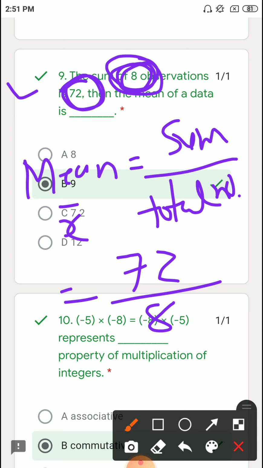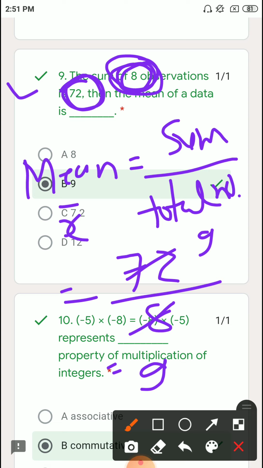And the sum of 8 observations, so the total number of observations is 8. So 72 divided by 8. Again, sum of all the observations divided by the total number of observations. Here the sum of all the observations is 72, given to you, divided by the total number of observations, which is 8. So 72 by 8, 8 9s are 72.